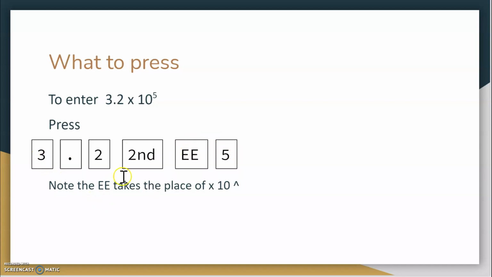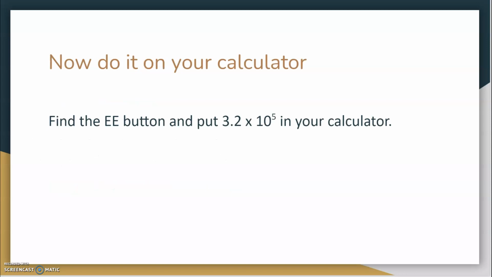So that reads 3.2, and the second EE takes the place of the times 10 to the, and the 5 is this exponent right here. So 3.2, second EE, 5 gives you 3.2 times 10 to the 5th. Go ahead and do that on your calculator and see what you get.